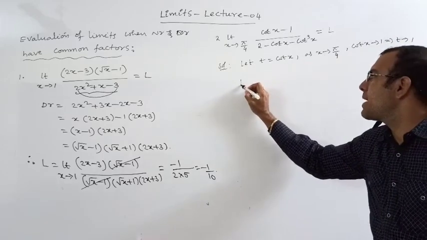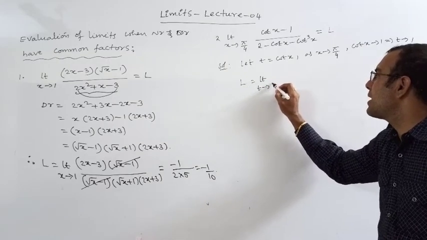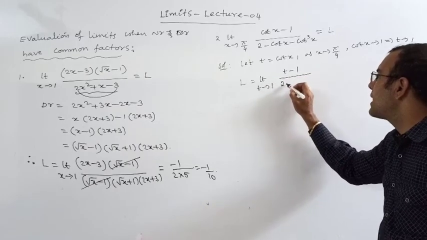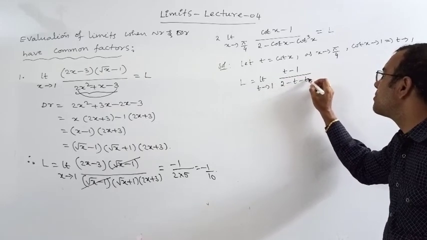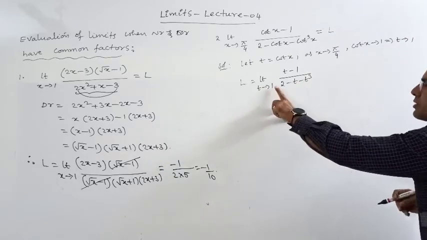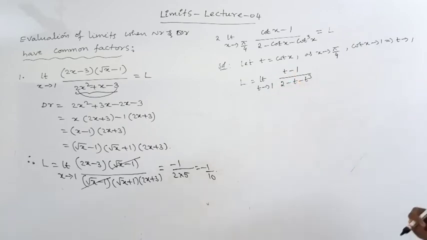So now L becomes limit t tends to 1, (t minus 1) by (2 minus t minus t cube). Clearly when you substitute t is 1, numerator is 0, denominator is 0.